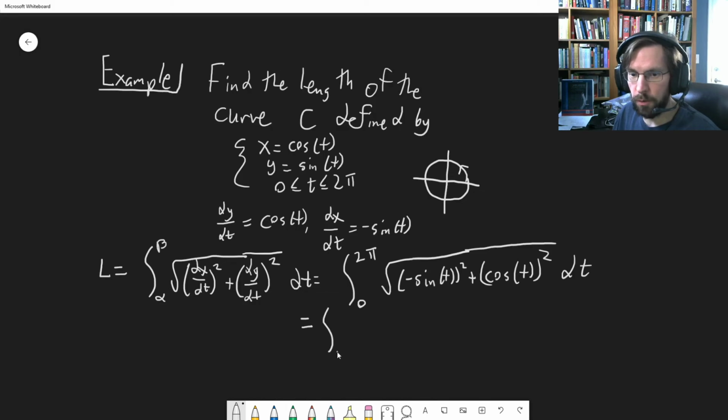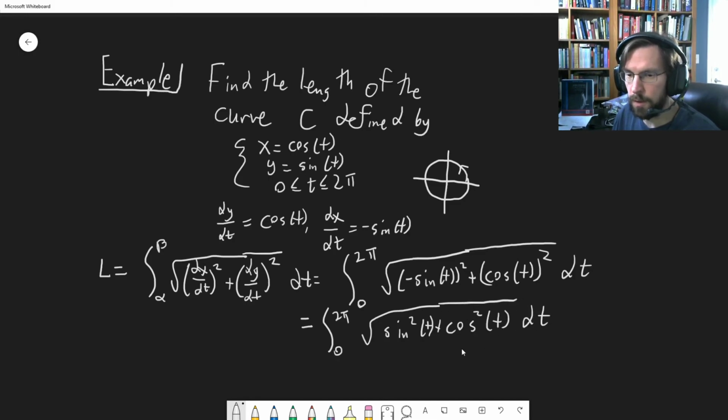This is the integral from 0 to 2 pi of sine squared t plus cosine squared t, but sine squared t plus cosine squared t is 1.